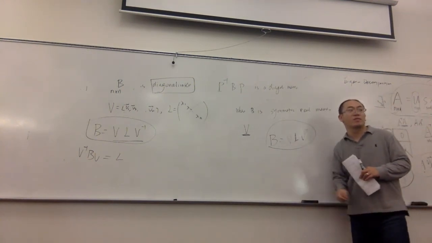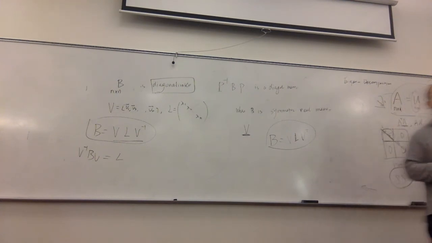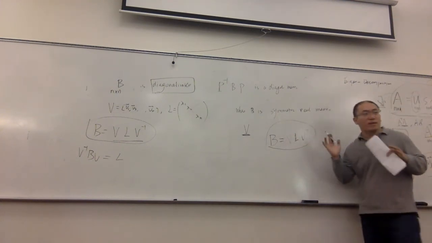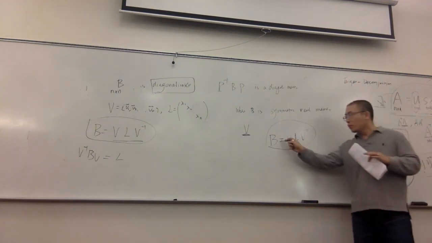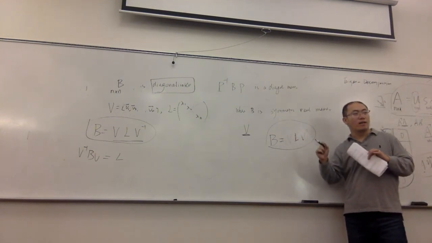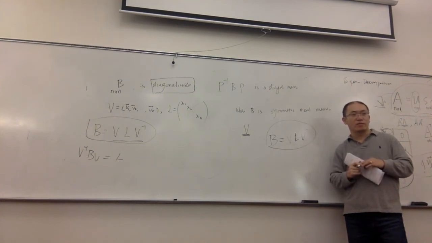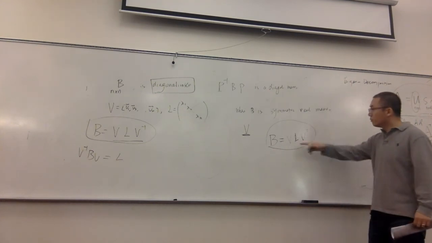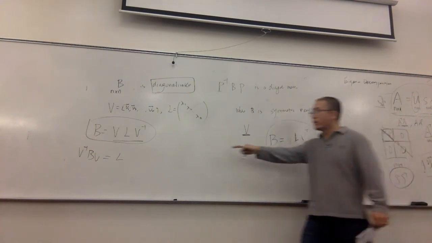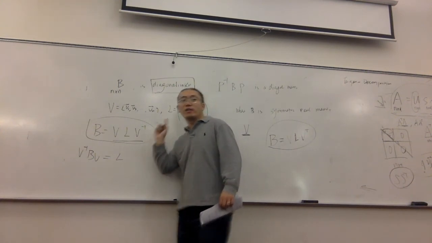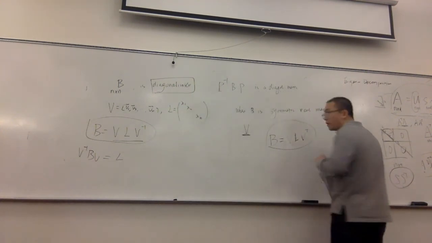What's the benefit of this form? This form can be further expanded to represent B as a summation of outer products of eigenvectors. You can compute it. Because now we do not need to invert V, as in the original definition of eigen decomposition. We just use V transpose here.